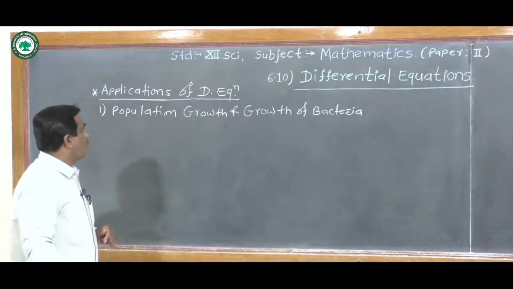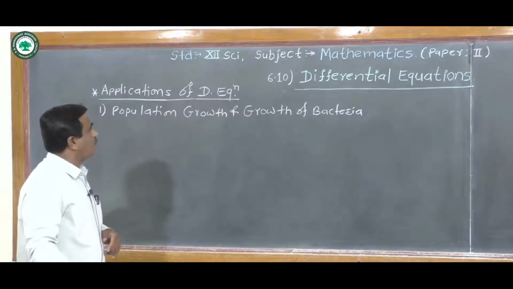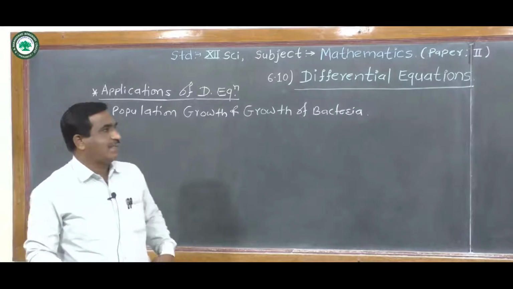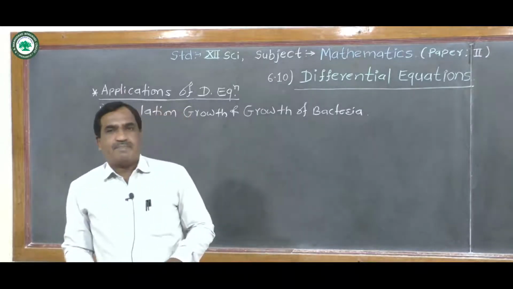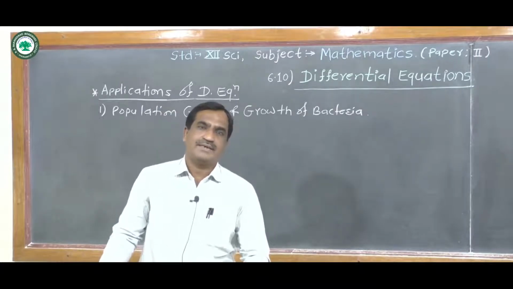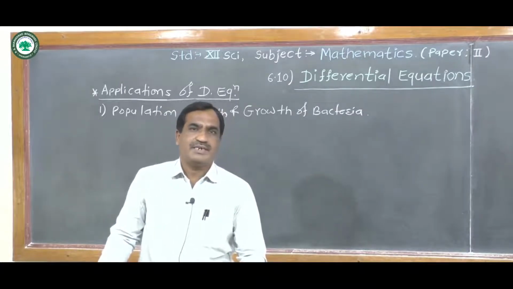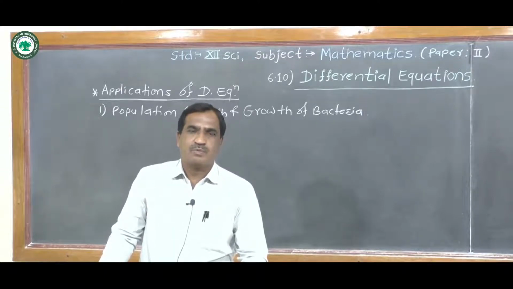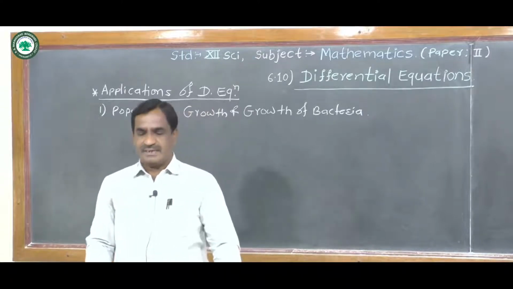Now we have to see population growth and growth of bacteria. The number of bacteria in a culture changes with time, and the population of a city also increases with time. Therefore there is a growth in population and number of bacteria.